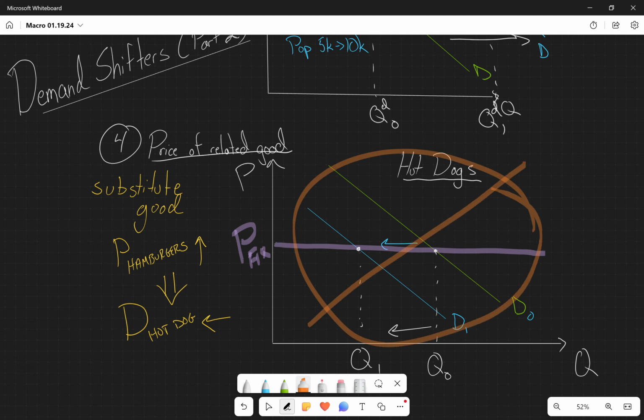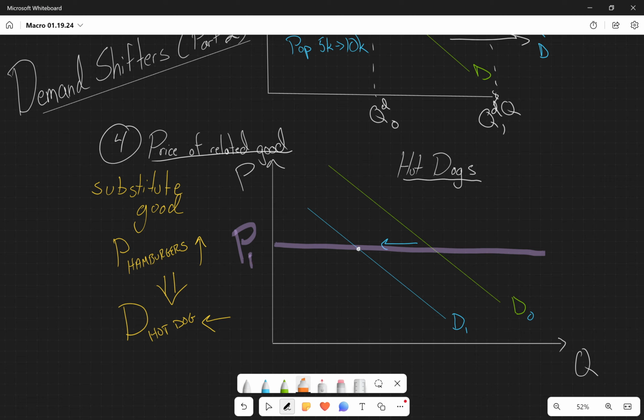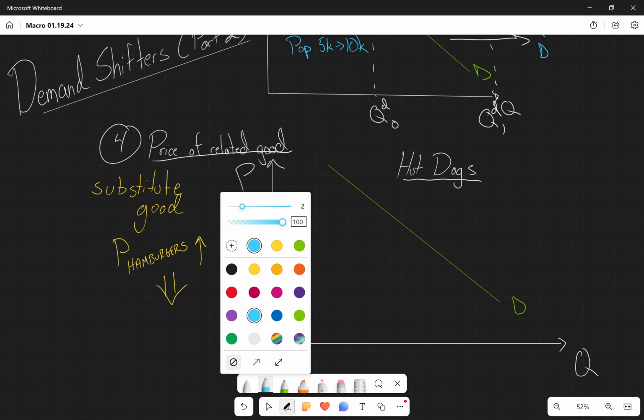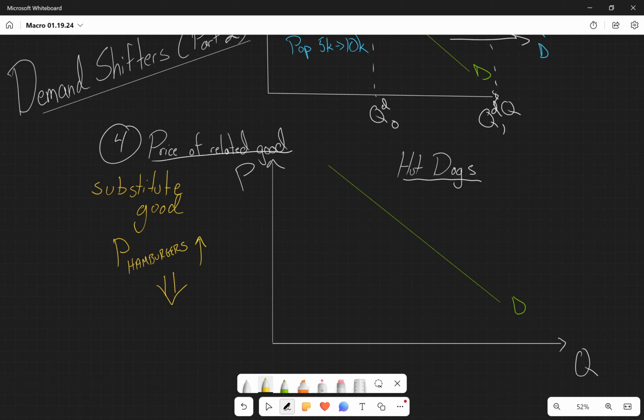So instead, we're going to talk about how the price of hamburgers, a substitute good, is increasing, and there's actually a nice little mnemonic that we can use here. Substitutes have the same sign in terms of the shift. So if the price of a substitute good were to increase, it's got the same sign.